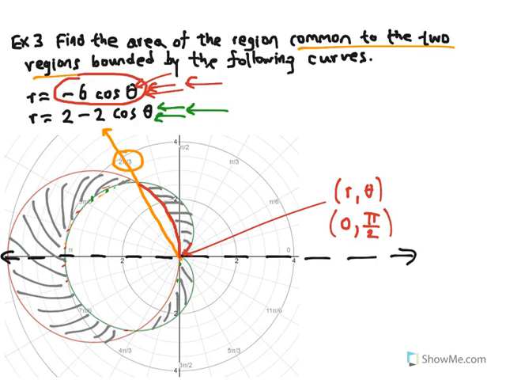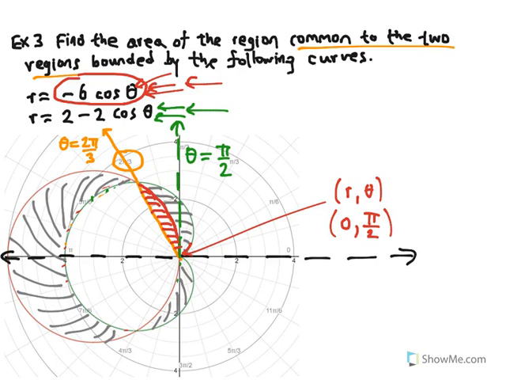Why do we need to know that? Because that's going to help us to determine what the limits of integration should be. So this particular subregion that I am now going to shade in red, it is bounded by the two radial lines, theta is equal to pi over 2 and theta is equal to 2 pi over 3, and the graph of r is equal to negative 6 times cosine of theta.